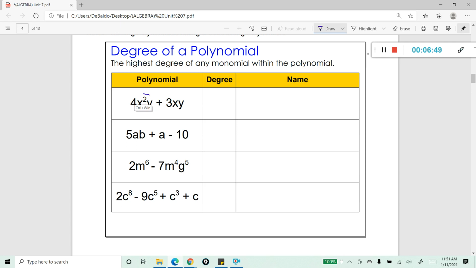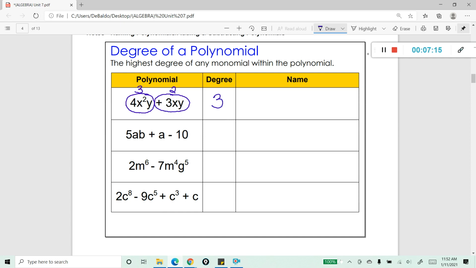So here we have a term, and here we have a term. And we want to ask ourselves, what is the degree of that first term? We know that this degree is 3. The degree of the second one is a 2. The highest degree of either of those two is 3, making this a third degree.